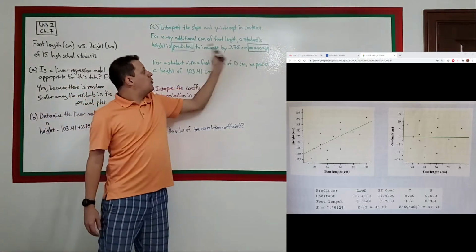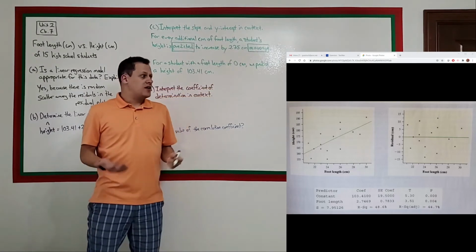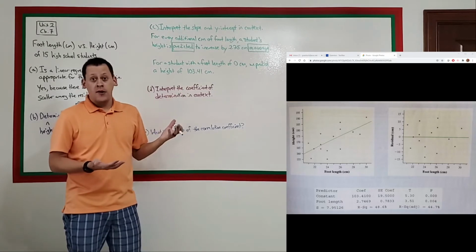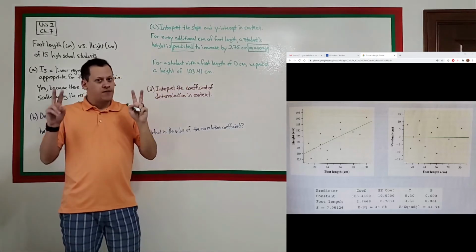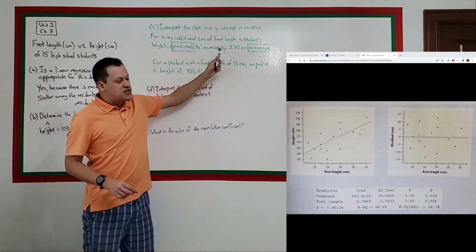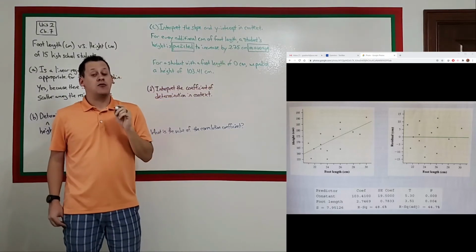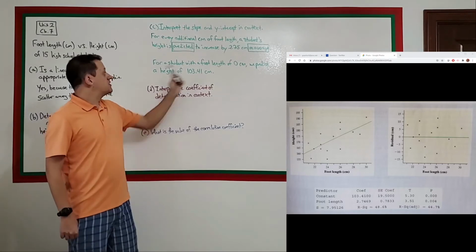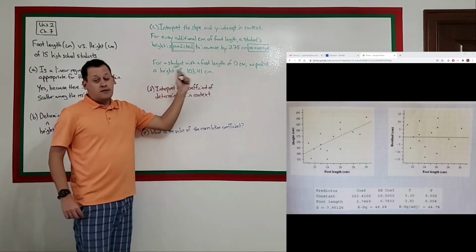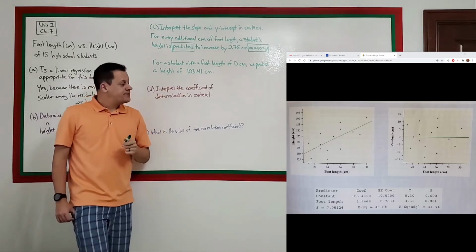You don't need both of these, but I put them there because I'm super skeptical. And it's not wrong to put them both. But you need at least some fudge phrase. Because if you say a student's height will increase by 2.75 centimeters, that is wrong. That is an incorrect understanding of the slope of that line. So make sure you include some kind of fudge word or phrase in there.